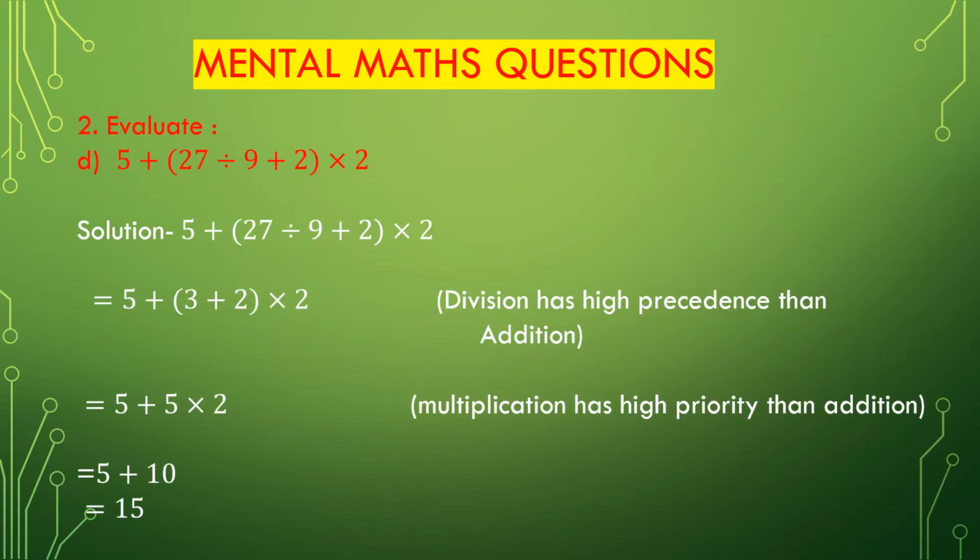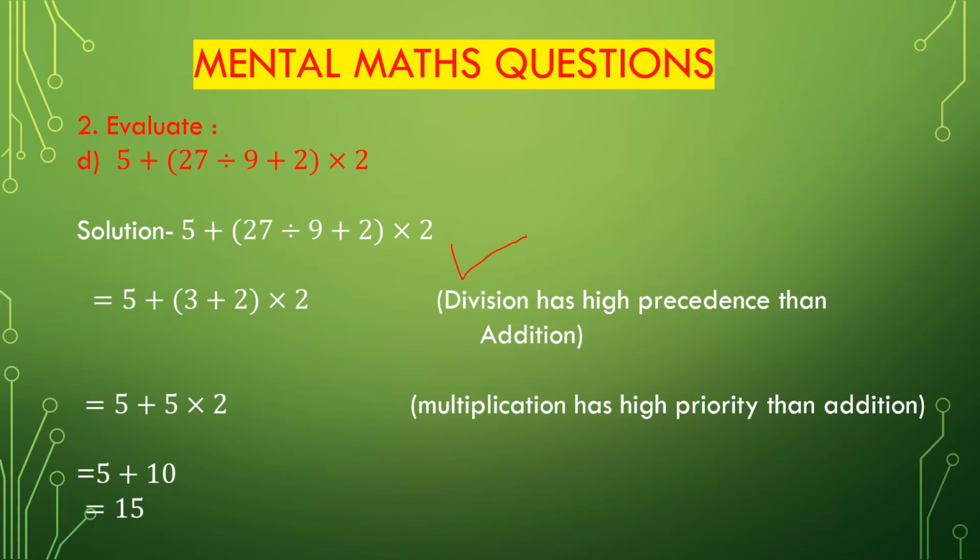Now we'll solve question number 4th, bit D. 5 plus 27 divided by 9 plus 2, that is inside the bracket, multiplied with 2.